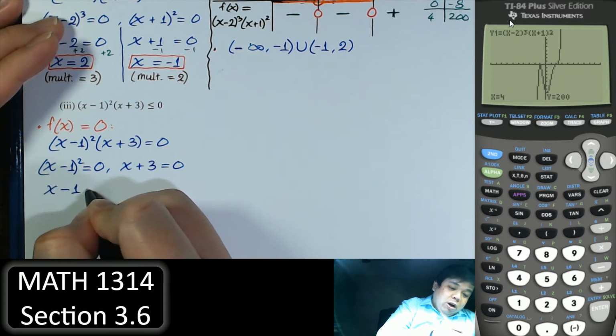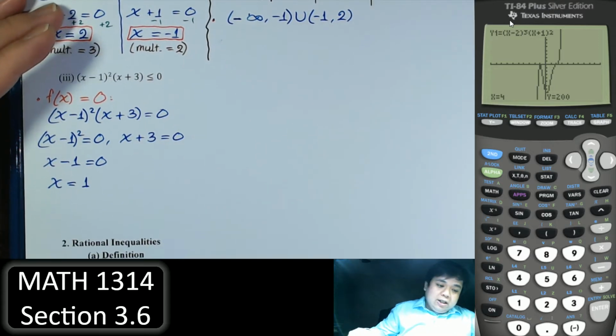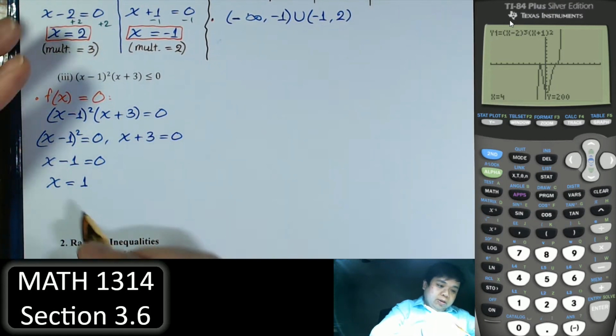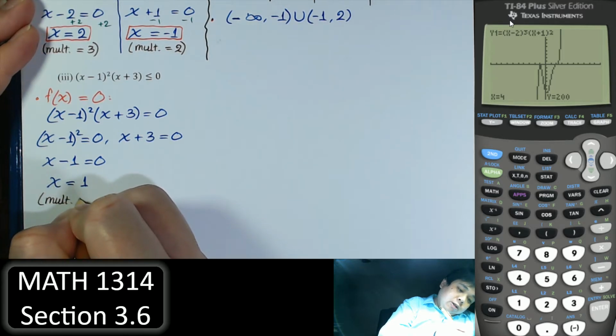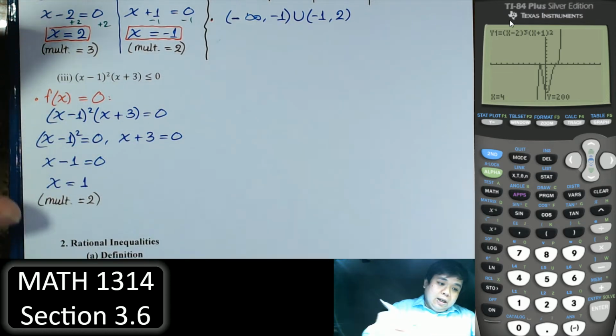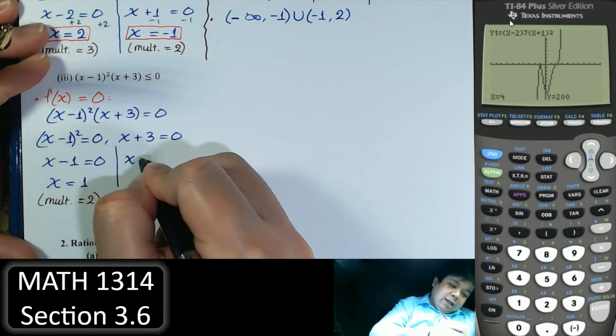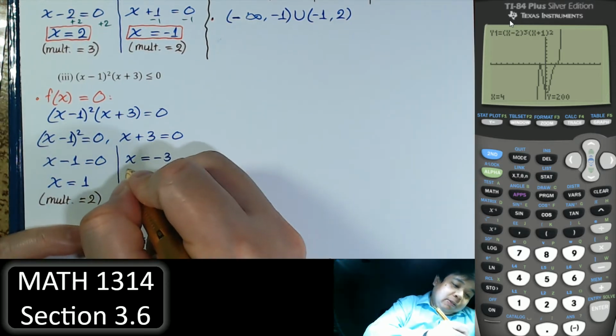So x minus 1 equal to 0, or x equal to 1, and this is multiplicity of 2. And here we have x equal to -3 and multiplicity of 1.